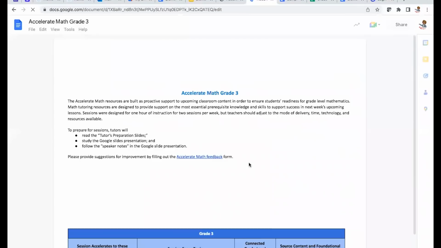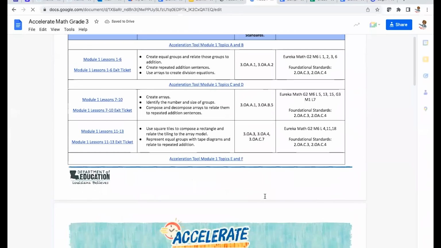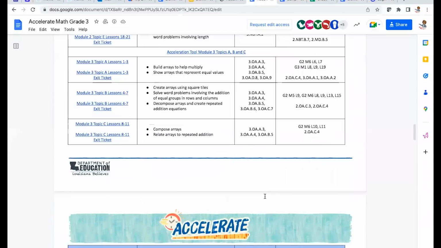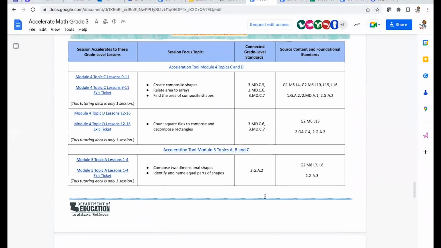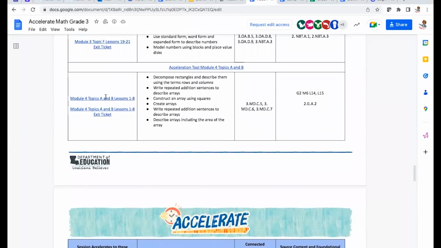So I might go here to 3rd grade, and I would go to the module that we just had that assessment on, module 4. And so notice that these tutoring lessons are designed to provide students with what they need to accelerate them to the on-grade level content.